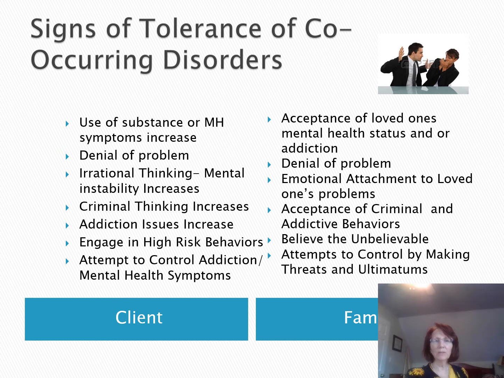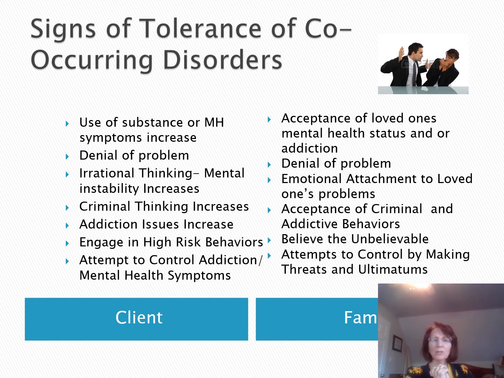So signs of tolerance build in co-occurring disorders within the client and the family. The use of substance or mental health symptoms increase, and for the client and the family, the acceptance of loved ones' mental health status or addiction increases. There is a denial of the problem in both the client and the family, and both the client and the family want to appear to feel normal.